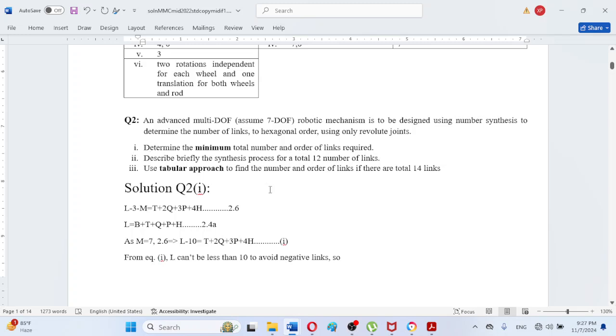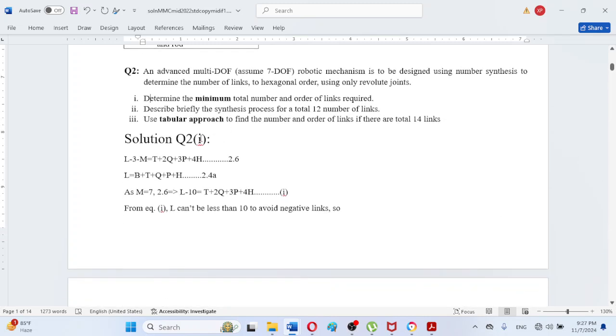So the solution was quite simple. Move to the solution of question 2, first part, which is to determine the minimum total number and order of links required. We can write equation 2.6, which is L minus 3 minus M is equal to T plus 2Q plus 3P plus 4H, and 2.4a, which combines all the types of order of links and their count.